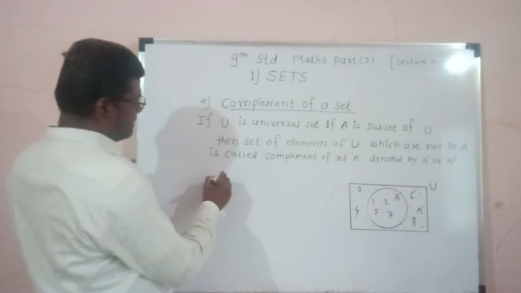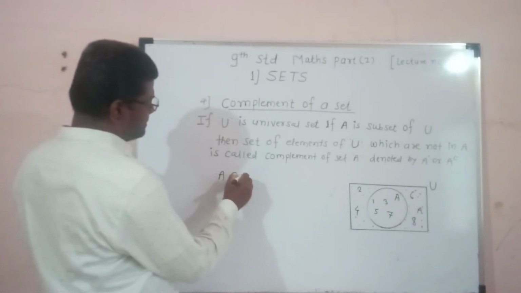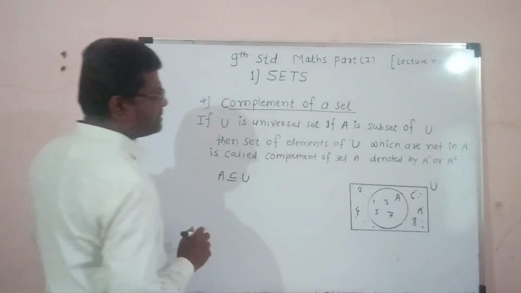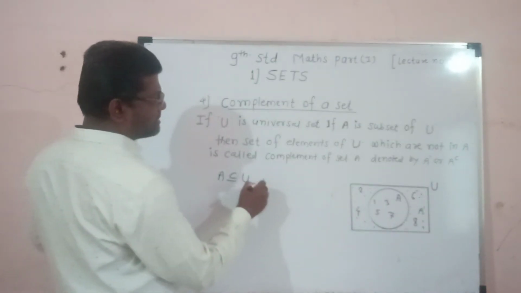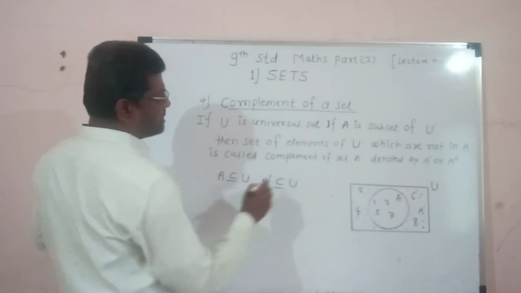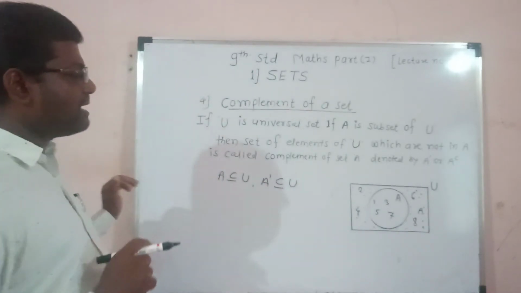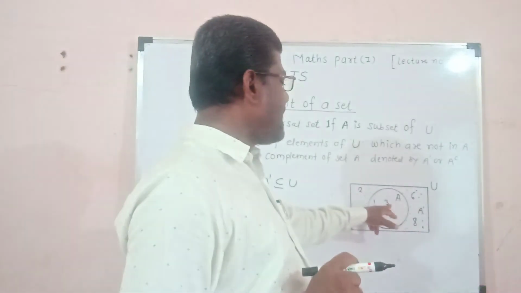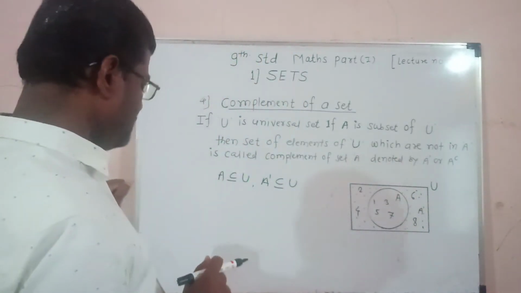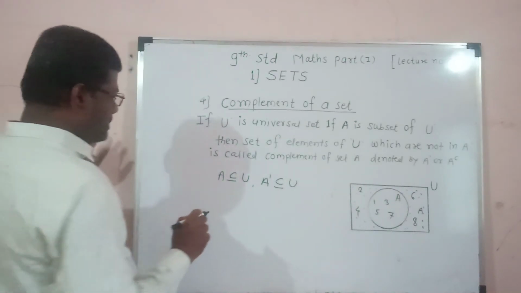Now, A is a subset of U. Here, the set A is a subset of U, that is the universal set, and A dash is also a subset of the universal set. Therefore, a set and its complement both are subsets of the universal set.